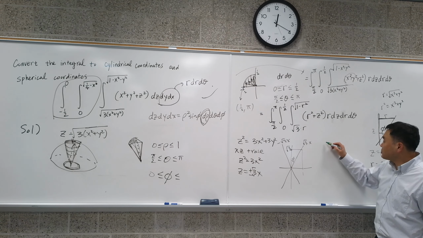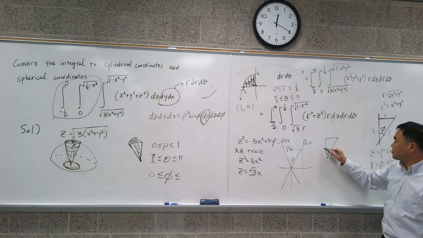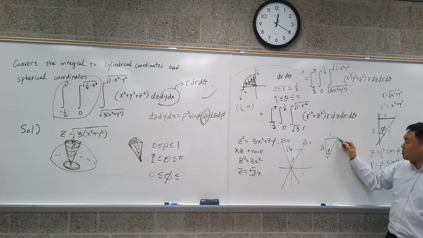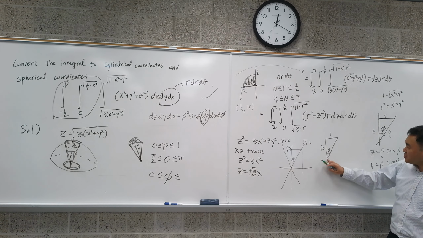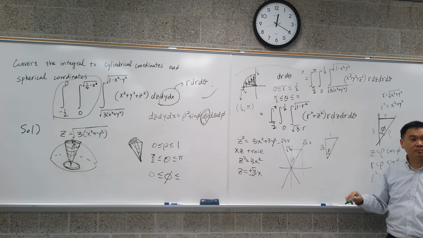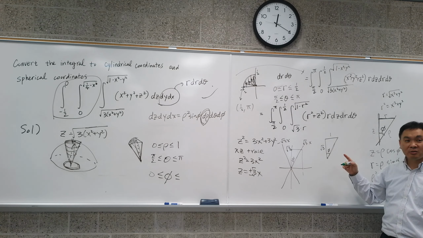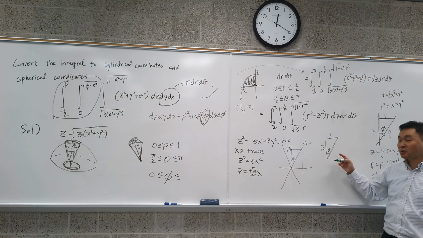So that means we have this triangle where this is phi, this length is square root of 3, and this is 1. Tell me what this length is. Okay, what is this length? Root 4, which is 2.